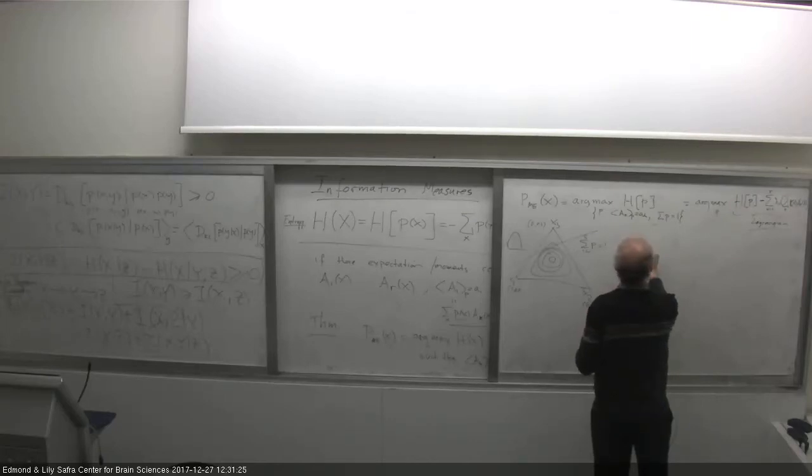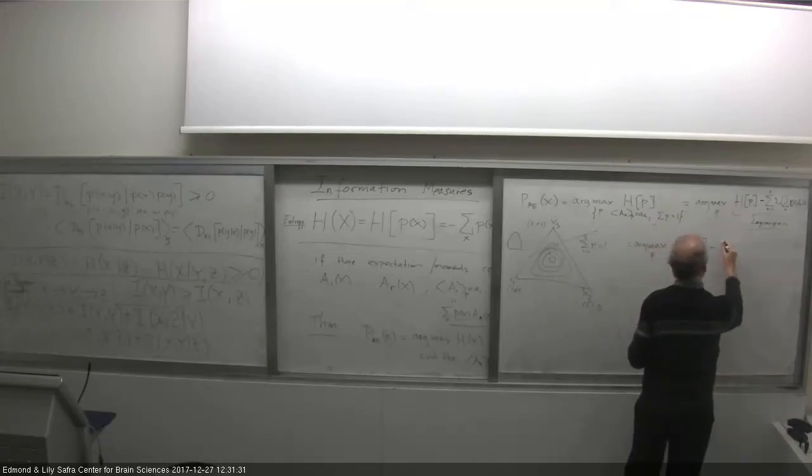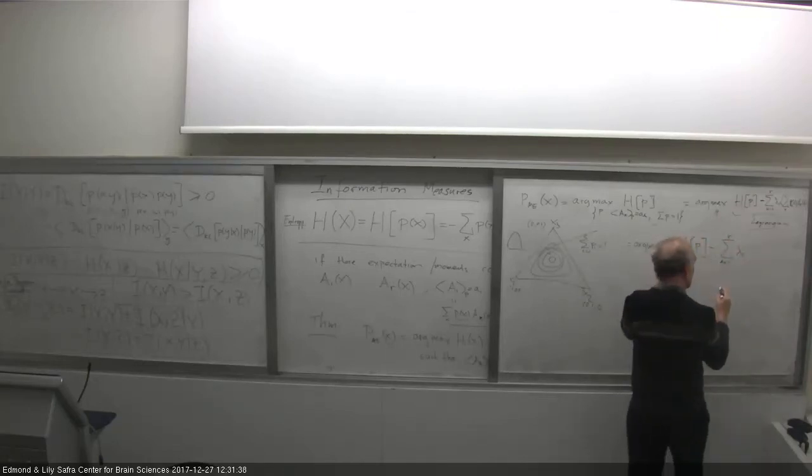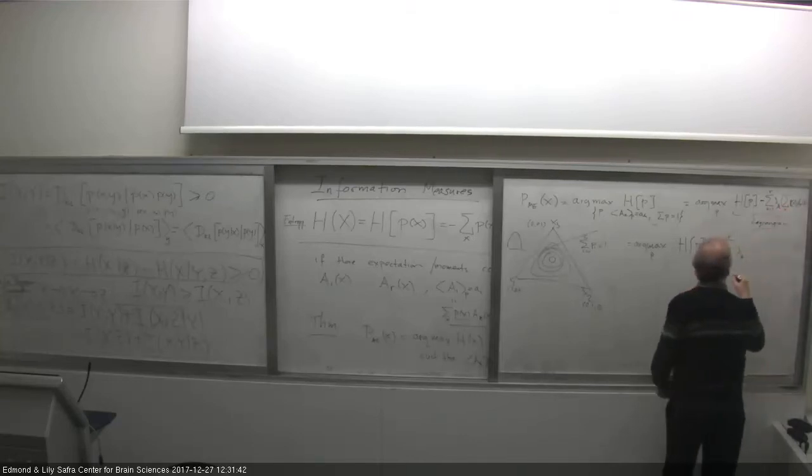This is the argmax over P of h of P minus the sum of the constraints. Each one of them has a Lagrange multiplier lambda k, k going from 1 to r.